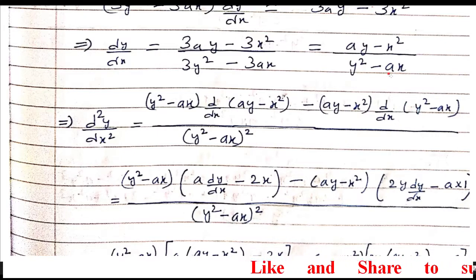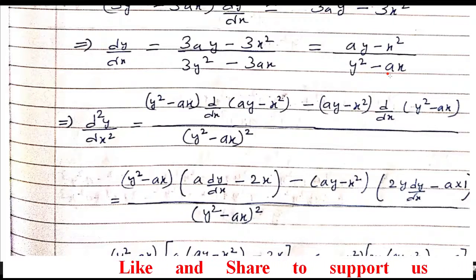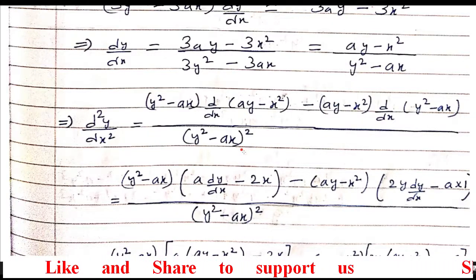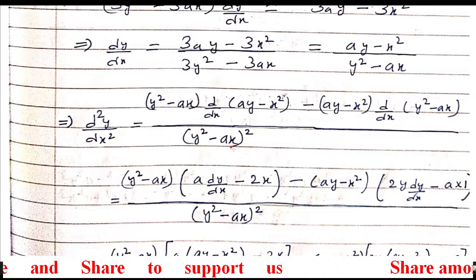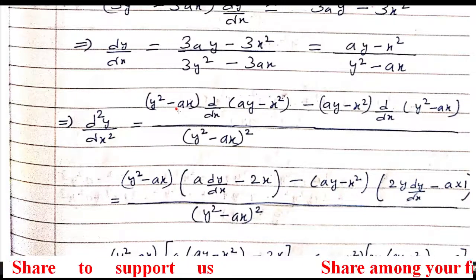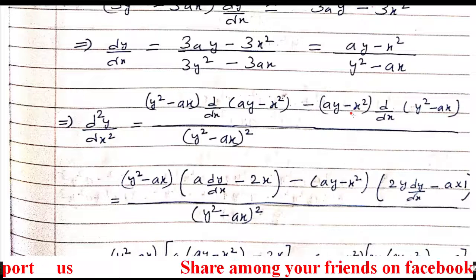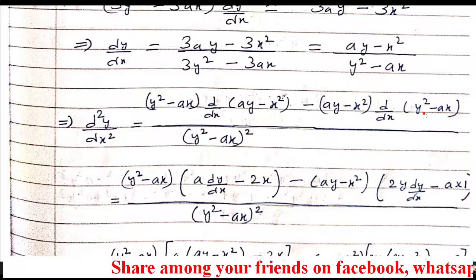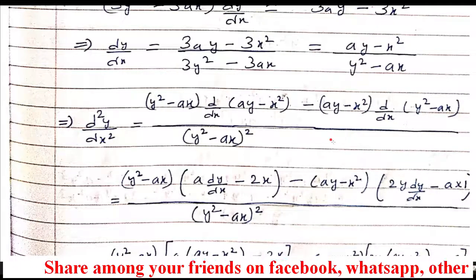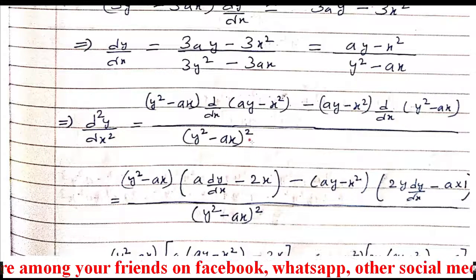I am repeating here, you have to write down denominator square, then denominator as it is, numerator differentiation, then minus sign in the middle, then numerator as it is, and denominator differentiation. So now we will start the differentiation process.